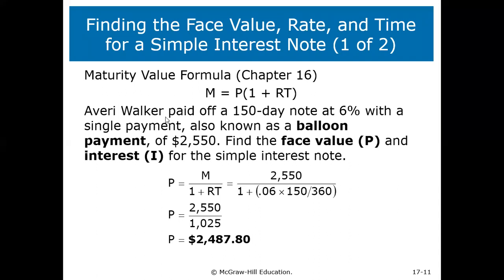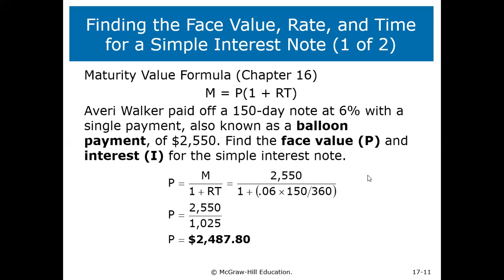Walker paid a 150-day note, 6%, with a single payment. That single payment is known as a balloon payment, and the amount is 2550. So we're asked to find the face value and the interest for this simple interest note. Take note, it's a simple interest note.